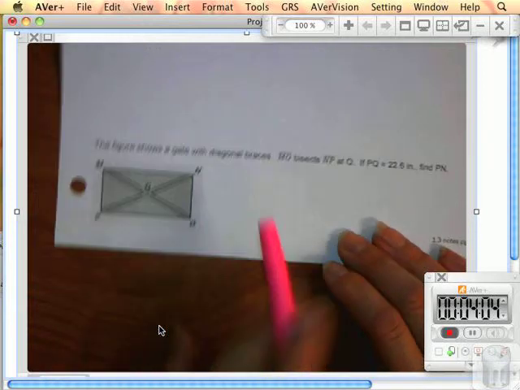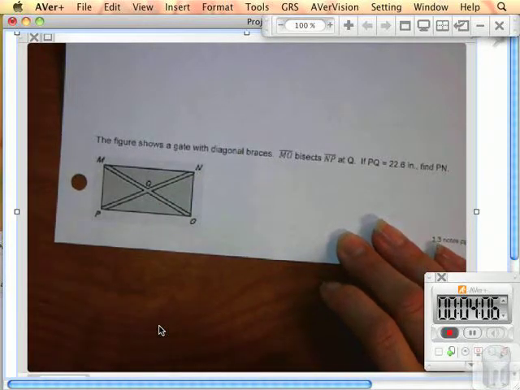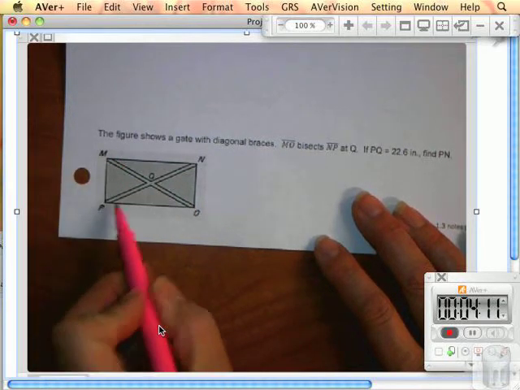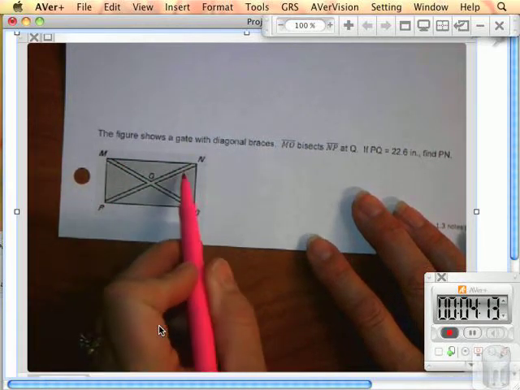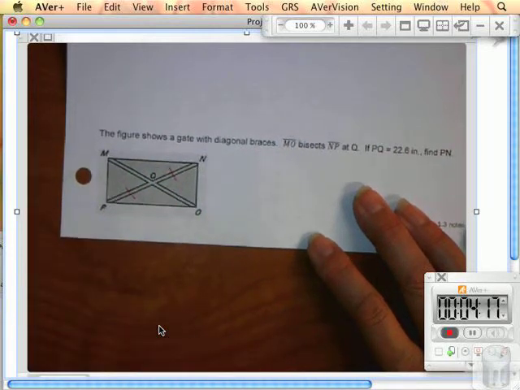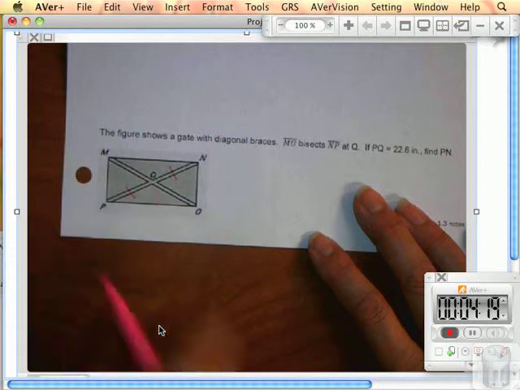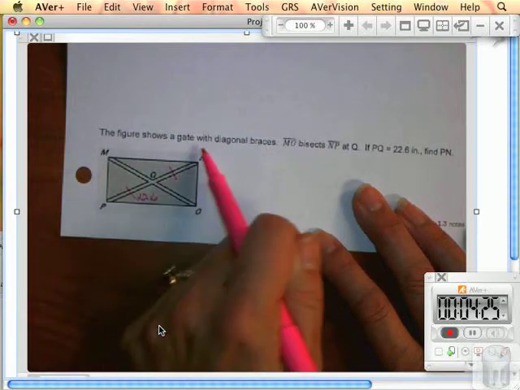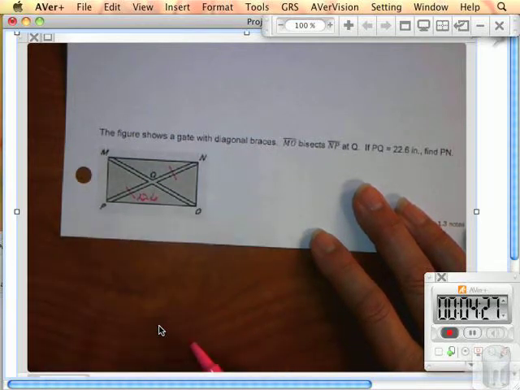The figure shows a gate with diagonal braces. Segment MO bisects segment NP. So that means that these two pieces are congruent because it bisects it. If PQ is 22.6, find PN. Now, of course, you can just say, all right, I'll just double it. Yeah, but we're in geometry, so we're going to write a little more than that.